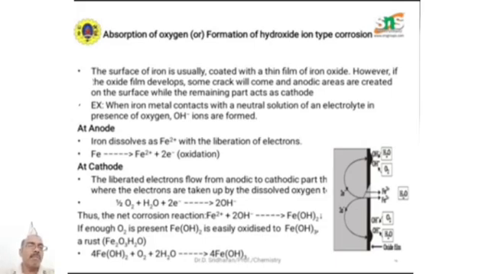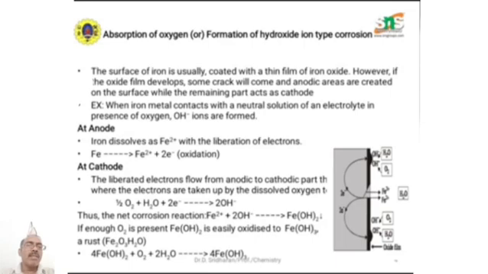Here, the metals sometimes show a manufacturing defect itself, which accelerates the corrosion this way. When the iron metal contacts with a neutral solution of electrolyte or moisture or water in the presence of oxygen, OH- ions are formed.